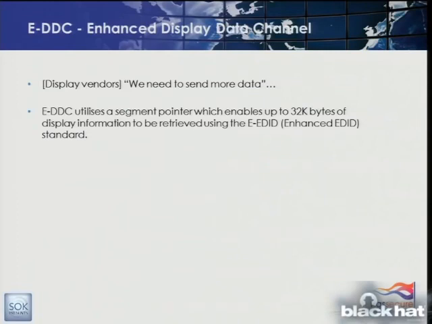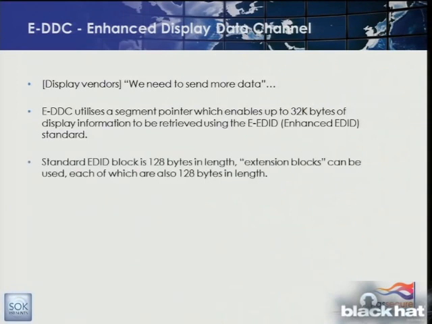Therefore, they extended the EDID protocol, which is the protocol that determines the structure of the data within the block, so you can have multiple blocks, that kind of stuff. A standard EDID block is 128 bytes, as I said, and E-EDID introduced this concept of extension blocks, which are also 128 bytes in length.